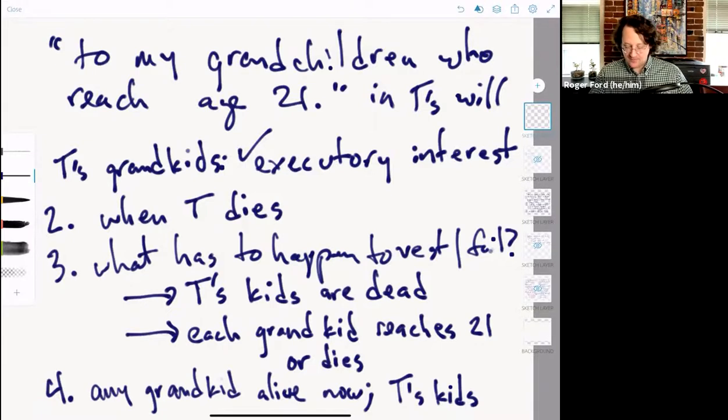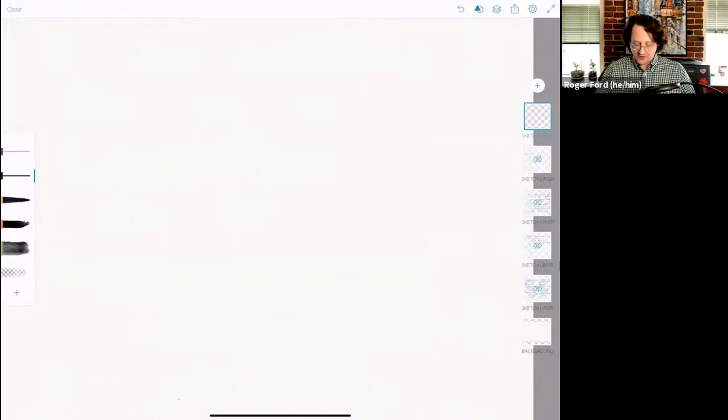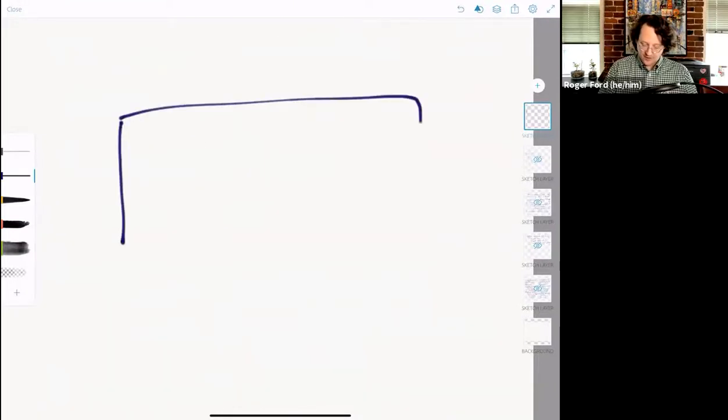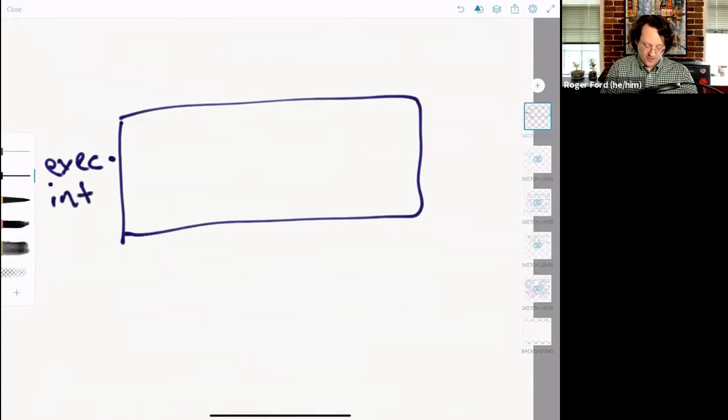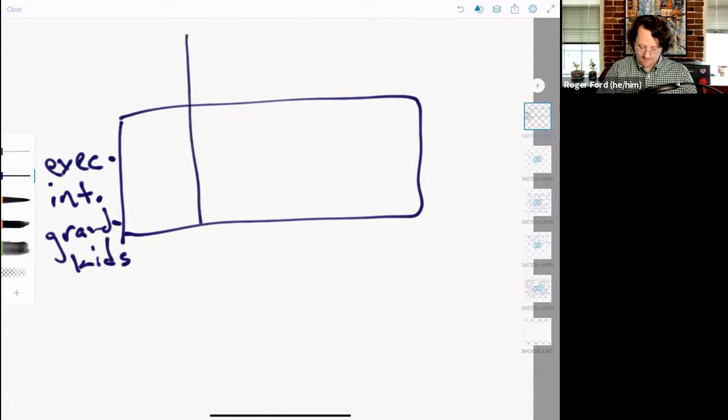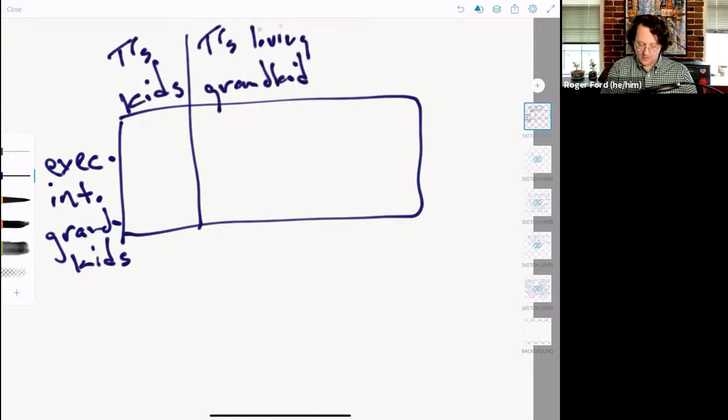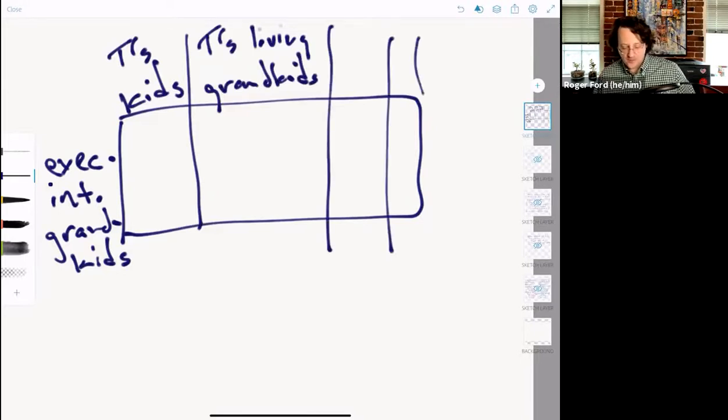And so we've got some contenders here that we can make a chart of. The interest here that we're going to think about is the executory interest in the grandkids. And we can think about T's kids, T's living grandkids. And I guess if there were others, we could look at them as well. And so we have to check each of them in turn.